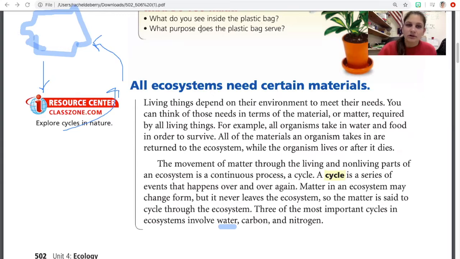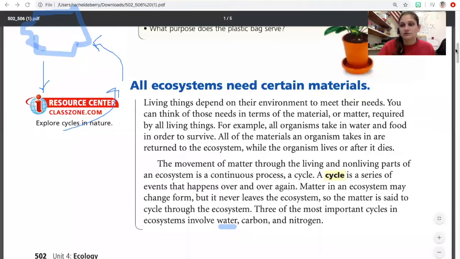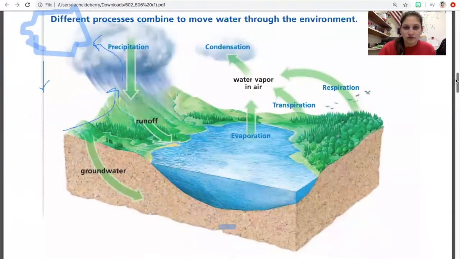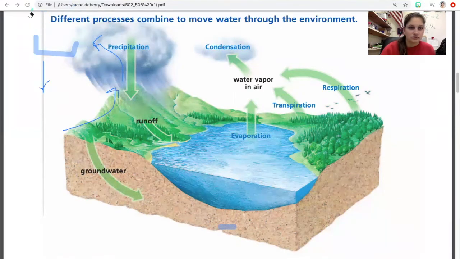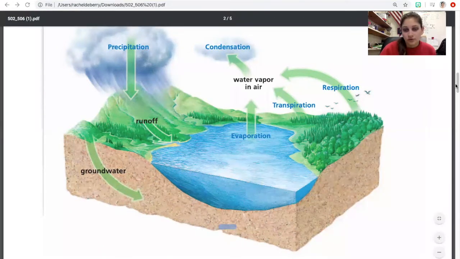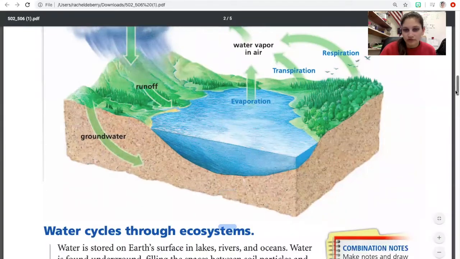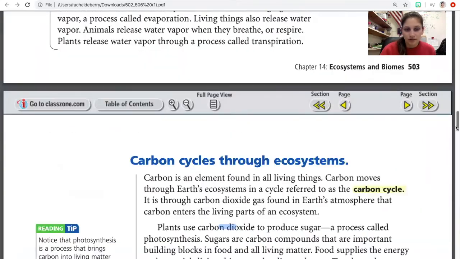The kind of tricky part there that might get you would be a question about transpiration, like the process specifically of the plants, their leaves transpiring, so the water vapor getting into the air that way. But other than that, you should be very comfortable with the water cycle. So coming down, we know the water cycle. I'm not going to make you read that.